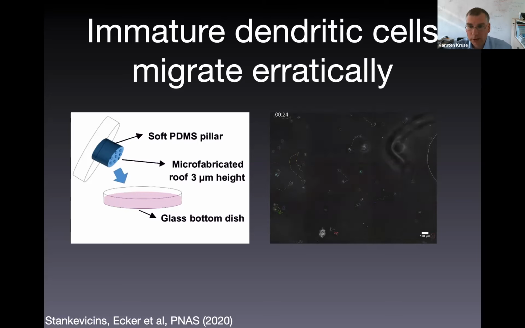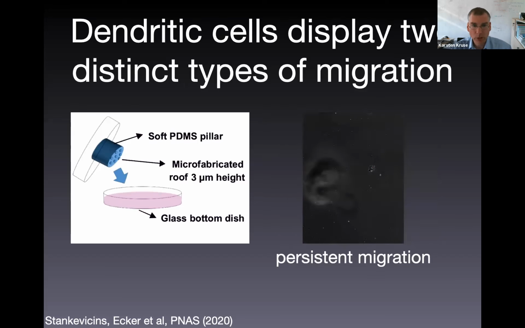And then again, here, a little bit fainter, the trajectories, but if you follow these cells, I guess you can appreciate that they also move quite randomly. However, this motion is a little bit different from the T cells that we have seen before, in that these cells really have two different, distinct types of migration. On one hand, they can move quite persistently.